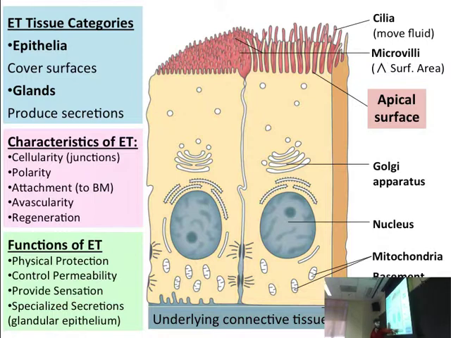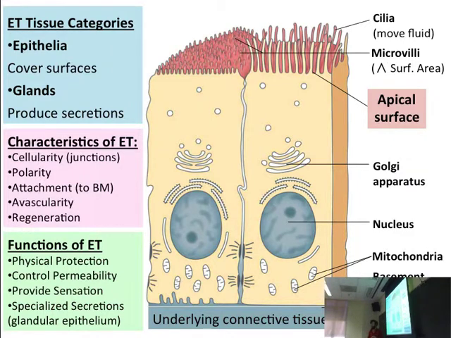Okay, there's a basement membrane, that plasma membrane in that cell adheres to this underlying connective tissue, right? So that basolateral surface is composed of a basement membrane. It attaches to something. Epithelial cells attach to something. They're not just floating around.